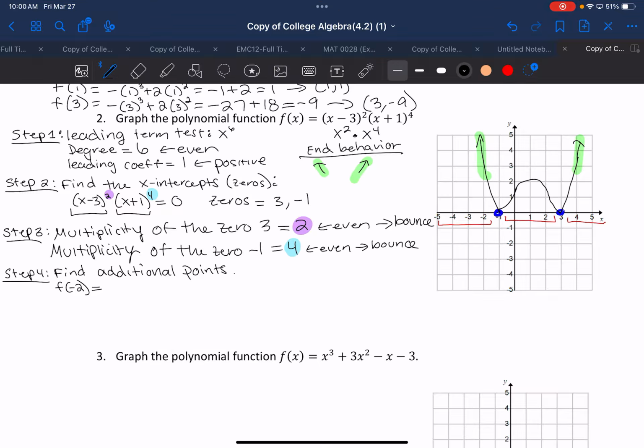When I plug that in, I get -2 minus 3 all squared times -2 plus 1 to the 4th power. -2 minus 3 is -5, so that becomes -5 squared. -2 plus 1 is -1, so that becomes -1 to the 4th power. -5 squared is 25, and -1 to the 4th power is a +1, because any negative to an even exponent is positive.